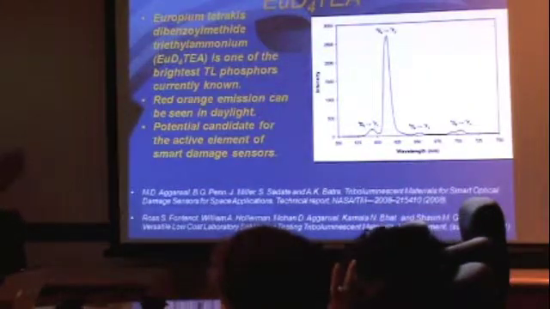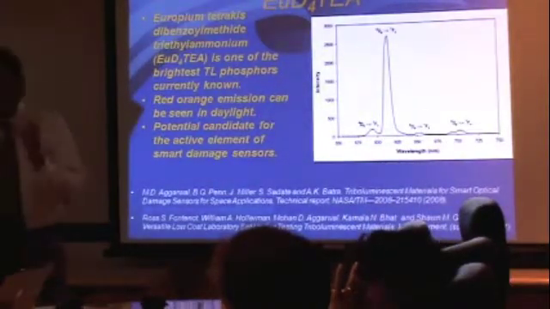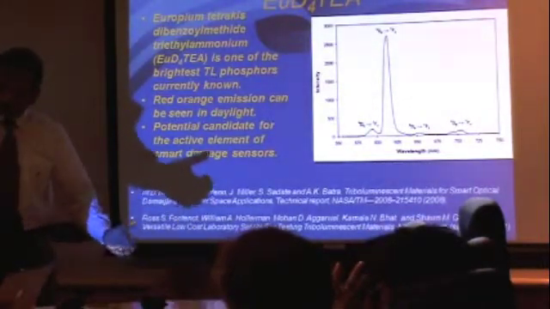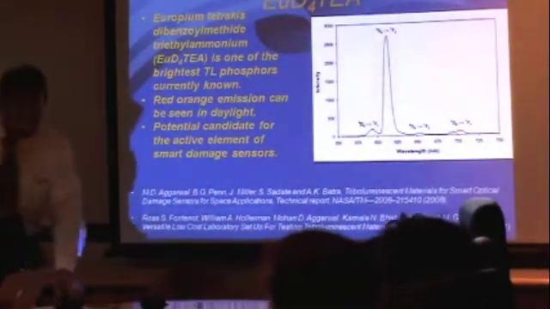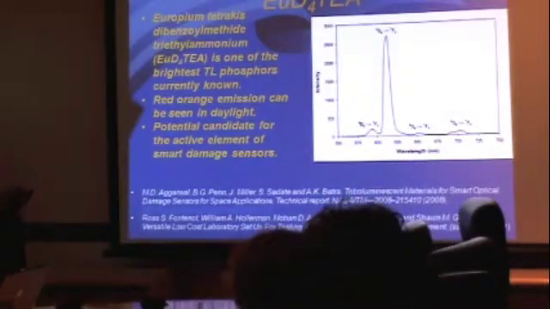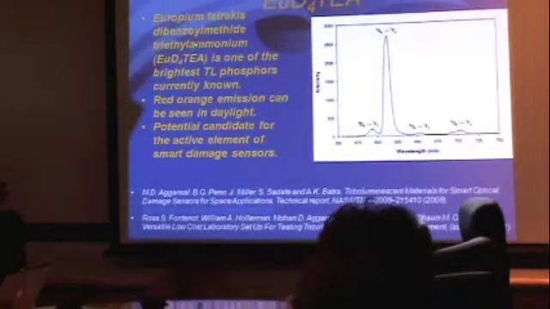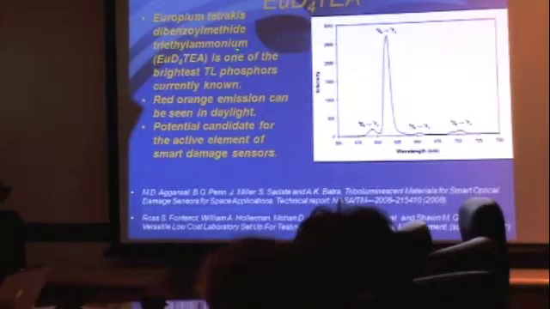So essentially, you have some picture of structural health monitoring and the triboluminescence, right? What we did here was we found europium tetrakis, it's a big name here. Europium tetrakis dibenzoyl methyl triethyl ammonium. So this is triethyl ammonium, this is europium, and this is dibenzoyl methyl.